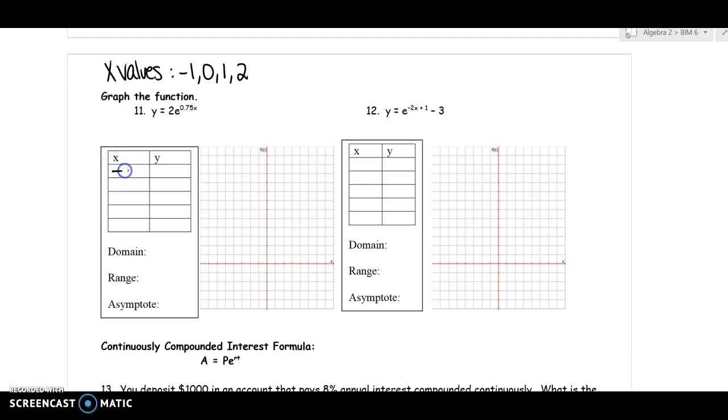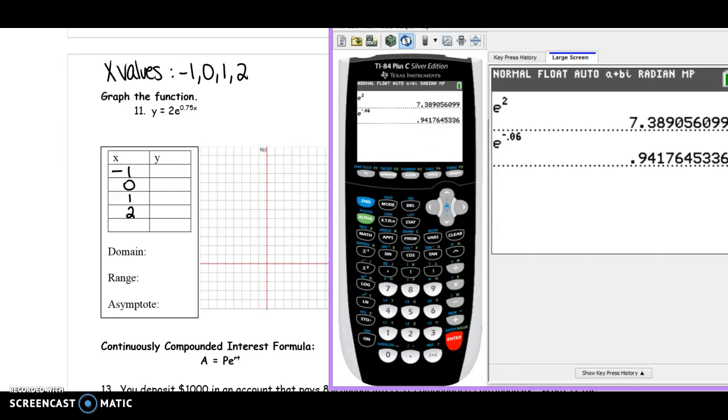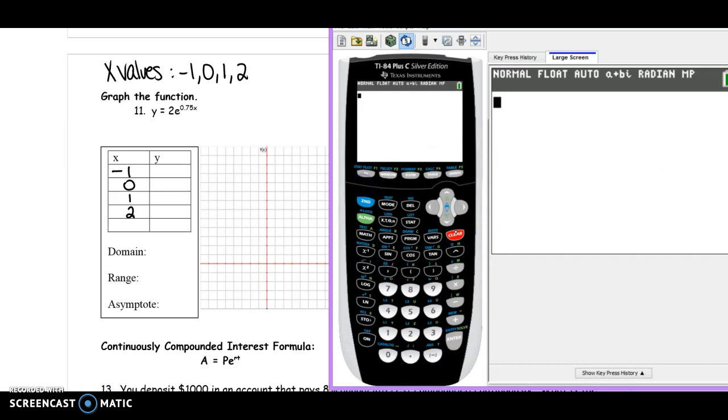So in our x's, we're going to use -1, 0, 1, and 2. Now there's two ways that you can do this. You can grab your calculator and do 2 times e raised to the 0.75 times -1, and then write that number down as your y value.